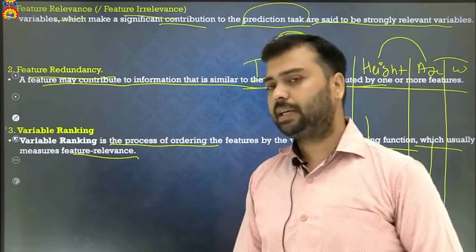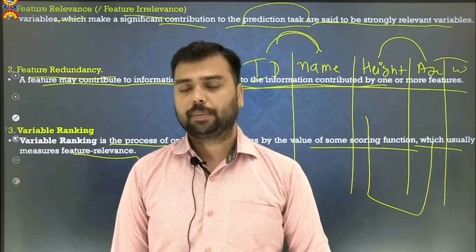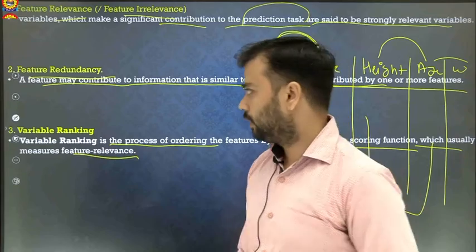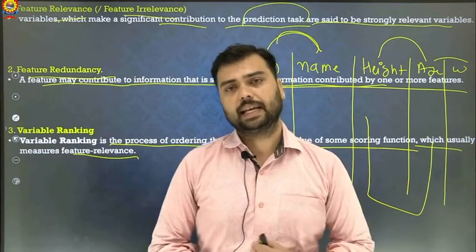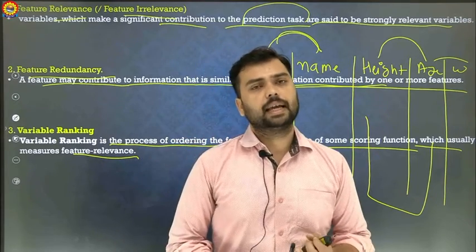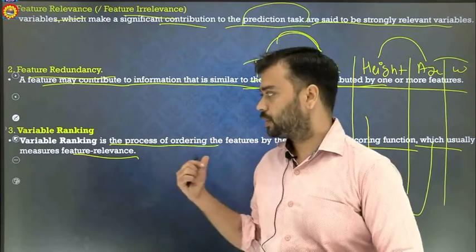Feature relevancy means how they are related to the target value and how strongly that particular feature is related to the target value. So there are three important concepts: relevancy, irrelevancy, then redundancy, and the feature ranking. Okay, I hope you understood this concept.